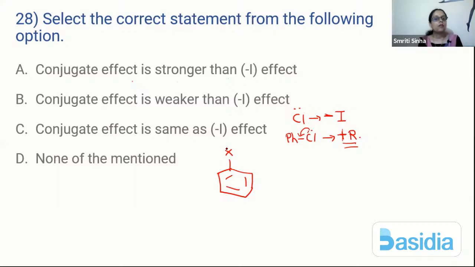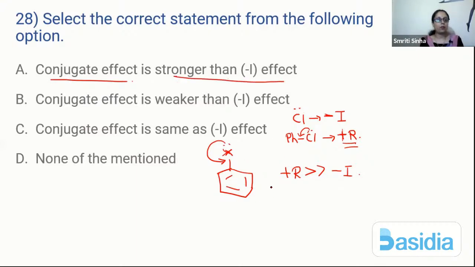But remember, when it is attached to the benzene ring, in that case, the plus R effect is much stronger than the minus I effect. And therefore, you can say that the conjugate effect, that is the resonance effect, is much stronger than the minus I effect. And therefore, any halogen attached to benzene will always show plus R effect, that is electron donating effect instead of electron pulling effect. And therefore, option A is correct.